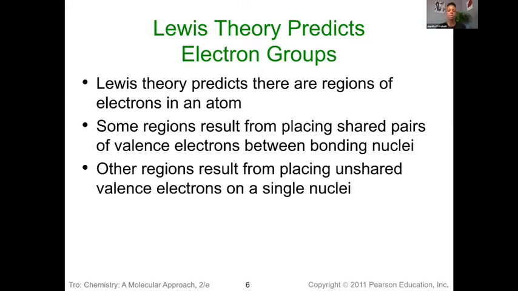And then there are also regions where there are lone electrons found on a central atom. Again, notice I'm saying regions, not pairs. As we're counting, we're going to count each bonding pair, whether it be a single bond, a double bond, or a triple bond, as a region. And each lone pair will be counted as a region.